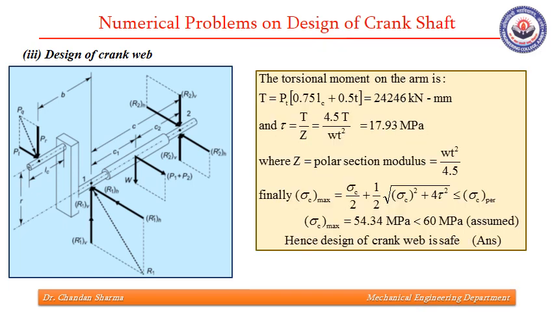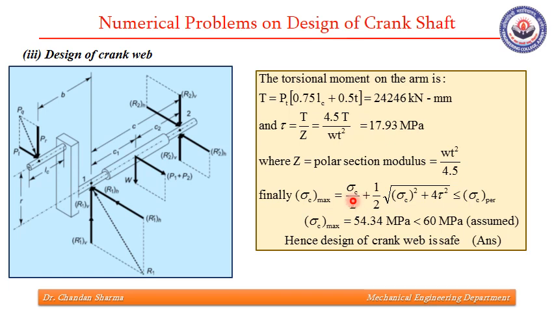Now we'll find the torsional moment on the arm, which is given by PT into 0.75 LC plus 0.5 T. Tau is T by Z, and Z, which is the polar section modulus for the crank web, is given by WT square upon 4.5. So the stress comes out to be 17.93 megapascal.